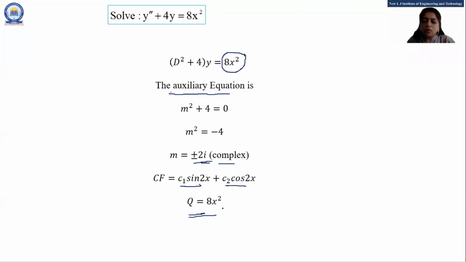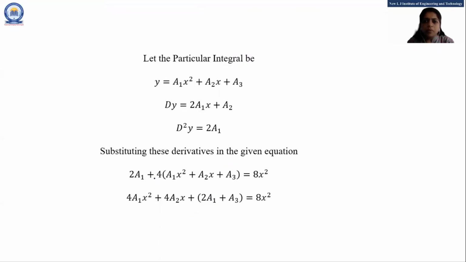Now we have to write the particular integral with the help of this Q. Let the particular integral be y equal to a1 x square plus a2 x plus a3. Okay, why did I put it like this?